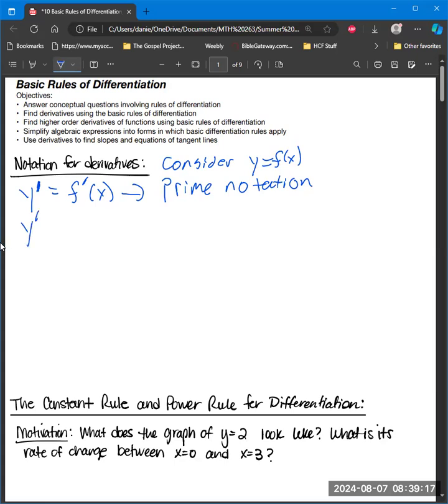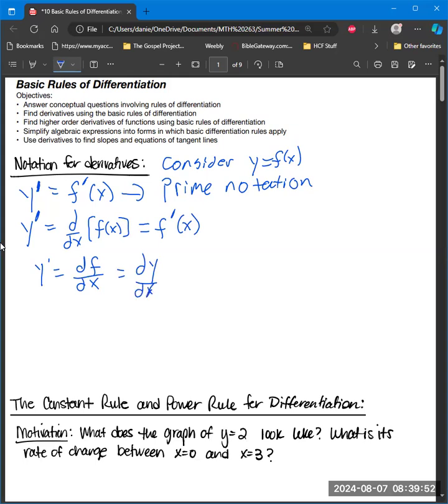If we need to be more precise, which we like to do sometimes, we'll tell you that we're differentiating with respect to a particular variable, like this. And that'll be the same thing to us as saying this. We'll also say y prime is equal to the derivative of f with respect to x, like that, or dy dx, like that.